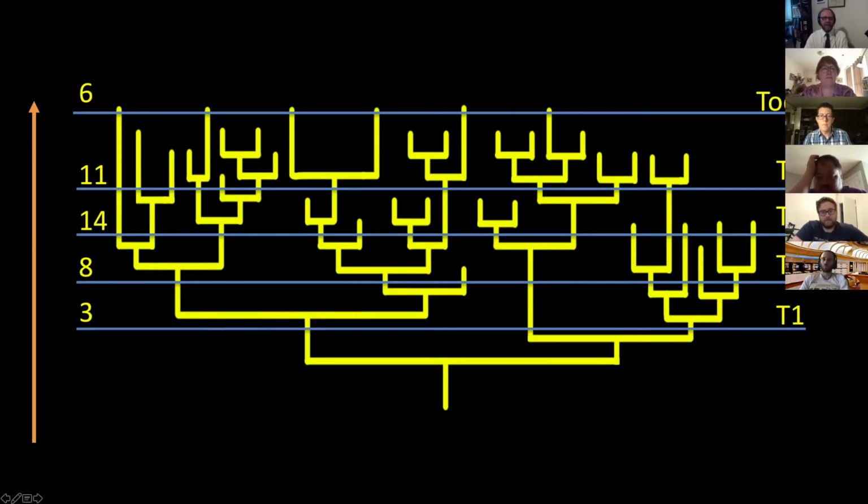If you sample this at different time intervals and you have good sampling, you will see that there's a pattern of diversity. At this timeline, the lowest one, time 1, we have 3 fossils. Here we have 8. The next one we have 14. The next one we have 11. The next one we have 6. So the diversity expanded and then contracted.